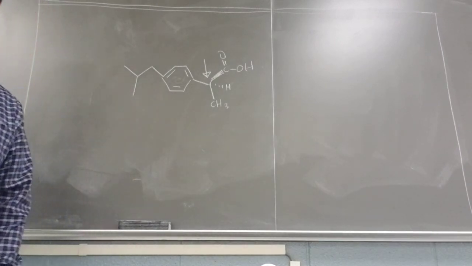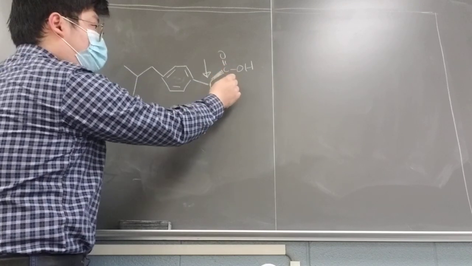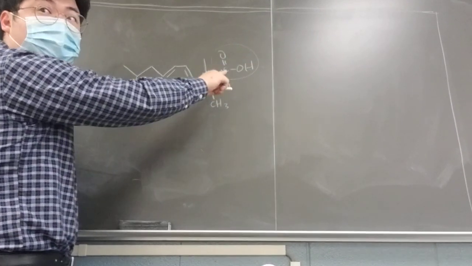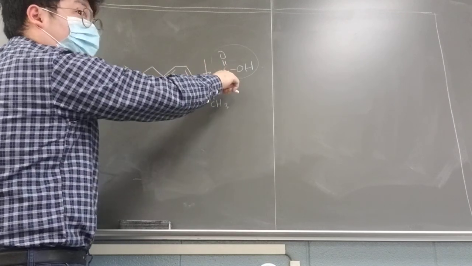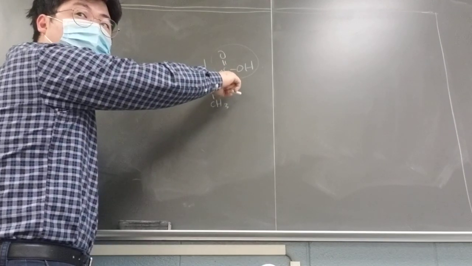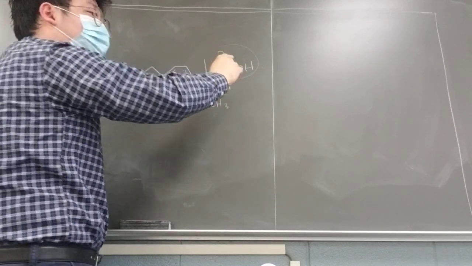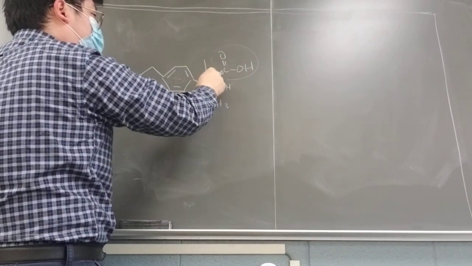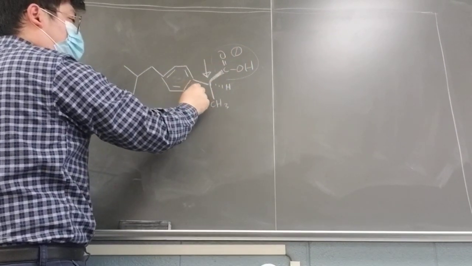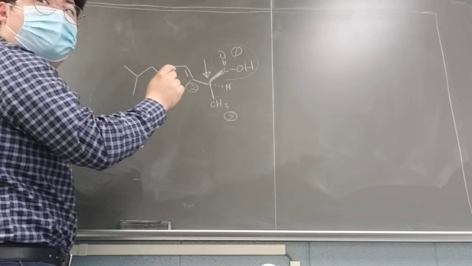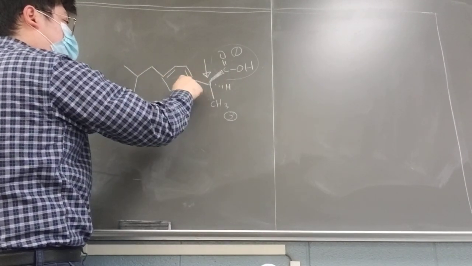Okay, so let's do this together. If we prioritize those 4 groups, what number will this one be? So whenever you prioritize, this will be 1, 2, 3, okay? It's because this is all the same carbon here, I know.